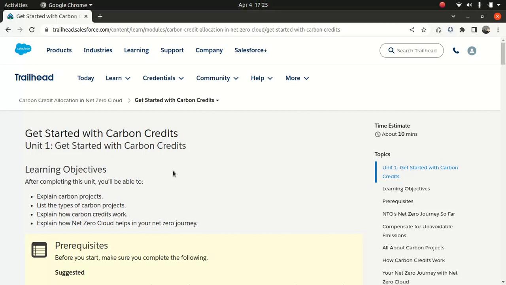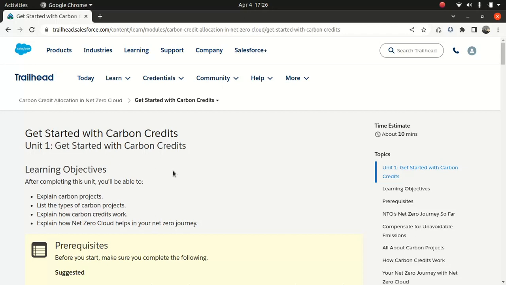You can keep track of all of these things in Net Zero Cloud, which is pretty cool. But sometimes you might have certain emissions which are totally unavoidable. Something you can't avoid for whatever reason. So to offset that, you can buy something called carbon credits.